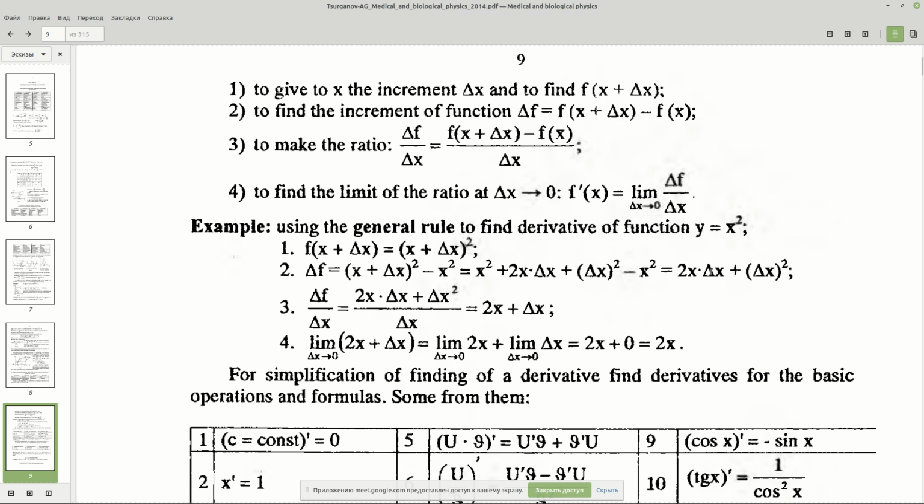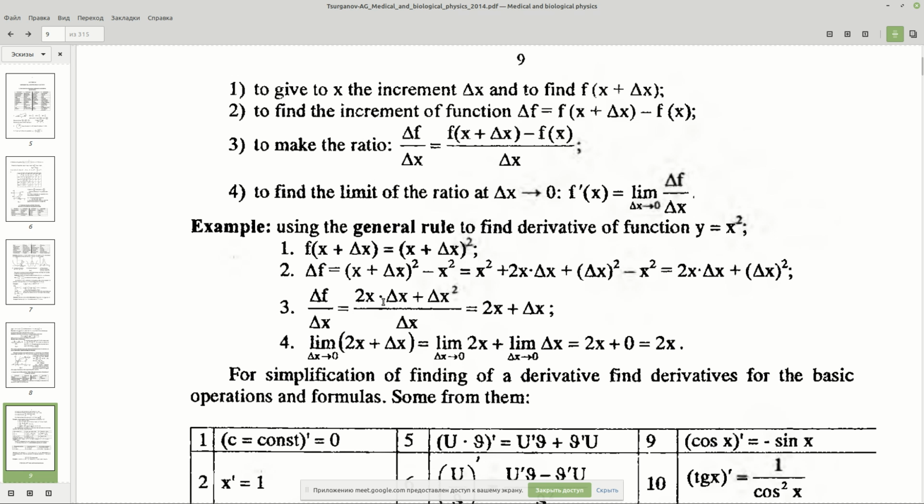Delta f divided by delta x equals 2x times delta x plus delta x squared, divided by delta x. The result will be 2x plus delta x.